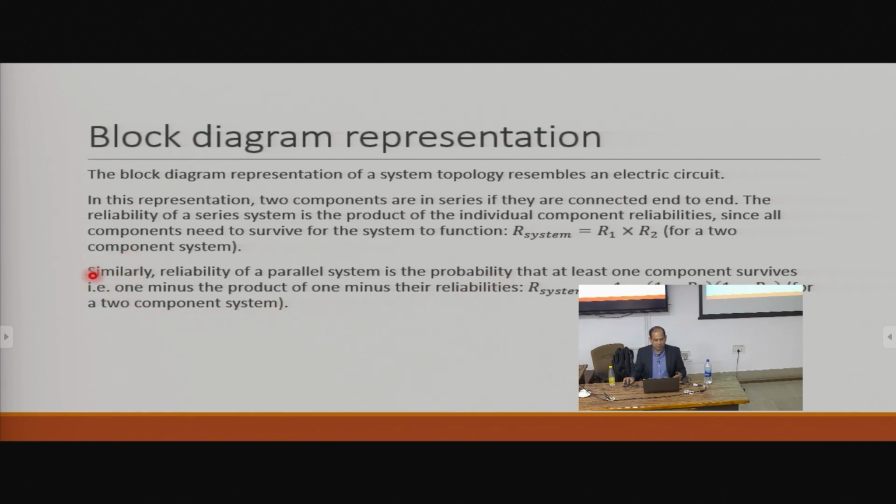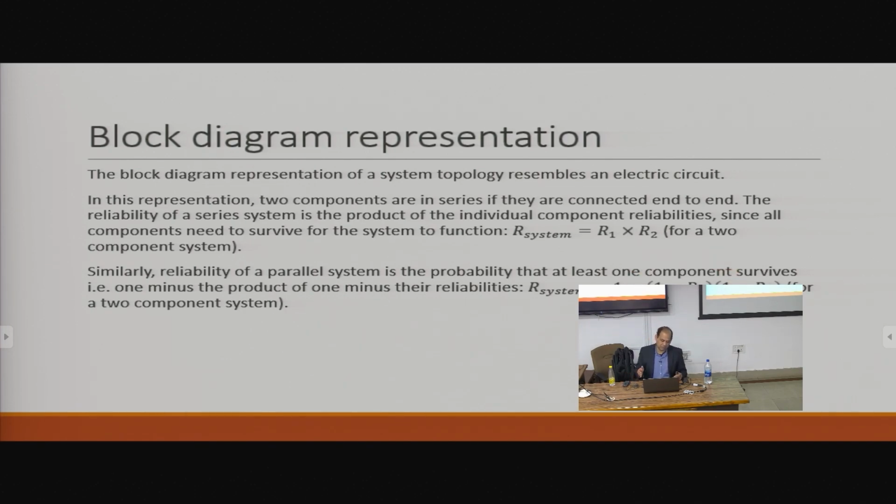And for parallel system, we just do some basic calculations. We say reliability of the system is 1 minus one system fails, another system fails. So the only time the system fails is when both of them fail, and then we go 1 minus that.